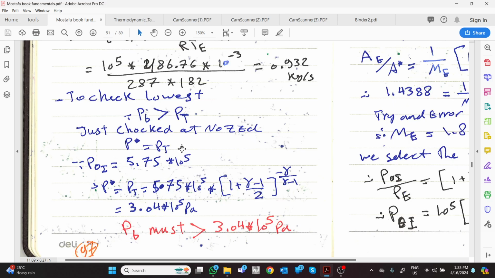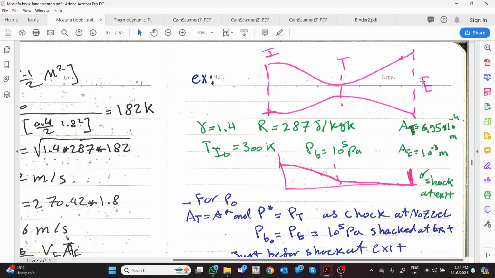Again, if the back pressure gets high, it will create no shock here. If the back pressure gets lower and lower, it will create sonic speed here. So what is the pressure when I am reducing it to create sonic speed?